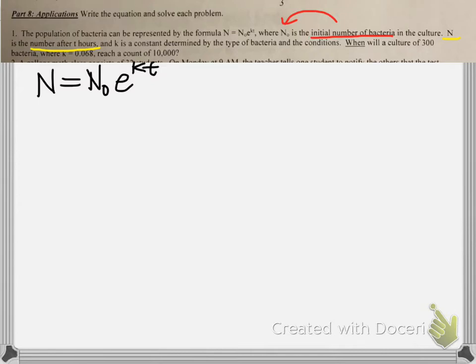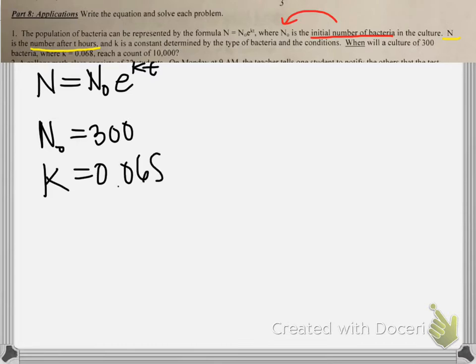So then they give us a scenario. So when will a culture of 300 bacteria, so 300, it's the N0, right? So let me go ahead and write that down. N0 is 300. And then it says where k is 0.068 and a count of 10,000.